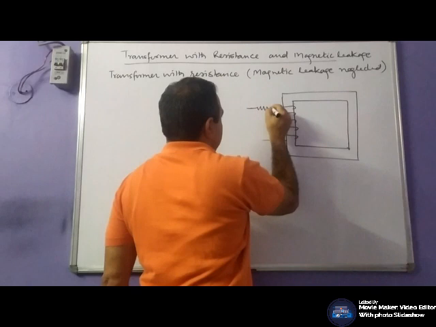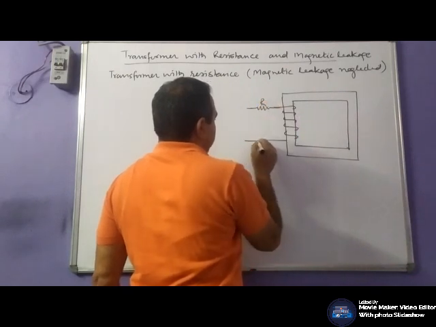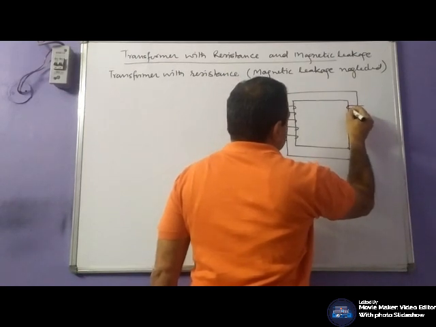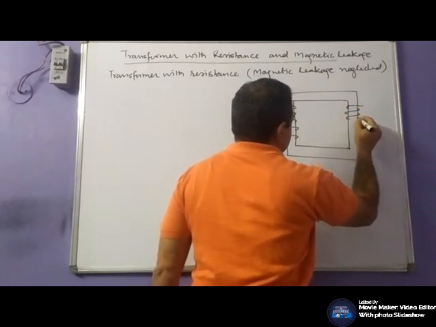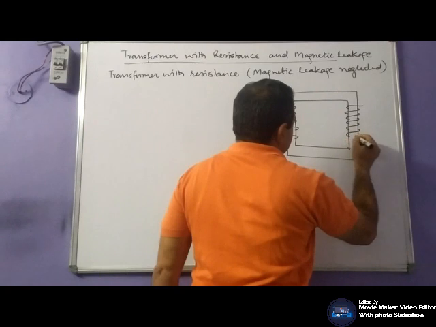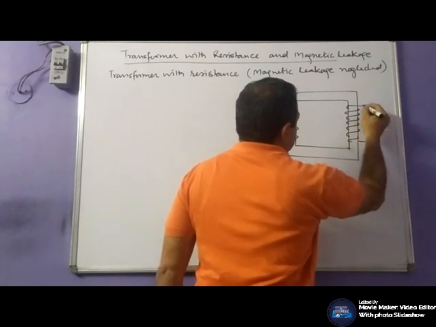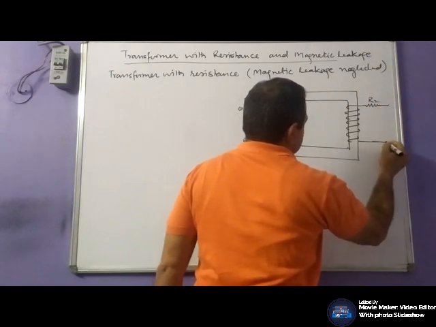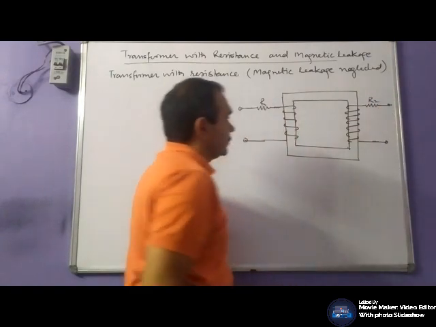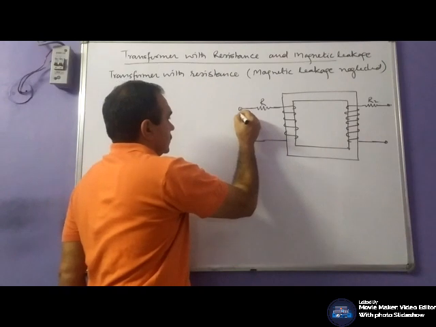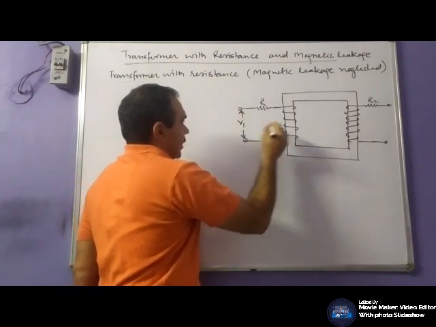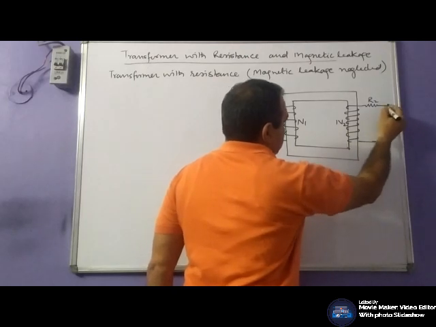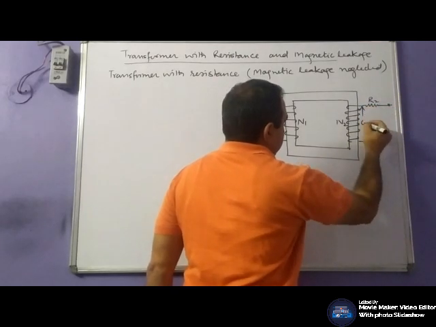Let R1 be the resistance of the primary winding, R2 be the resistance of the secondary winding. V1 is the applied voltage, and let N1 and N2 be the number of turns of the primary and secondary winding.